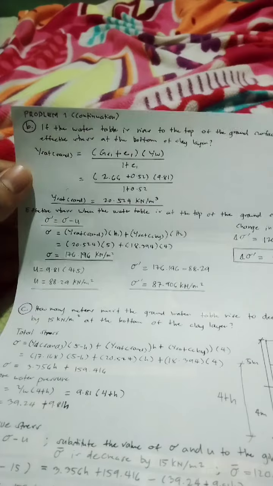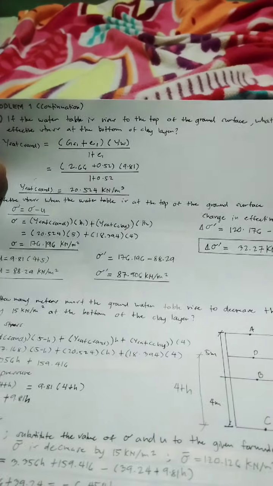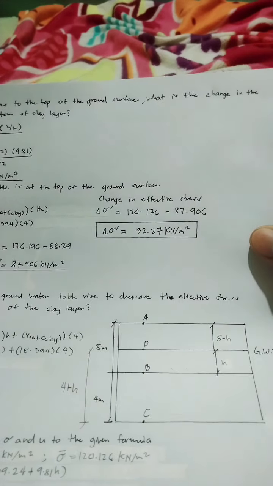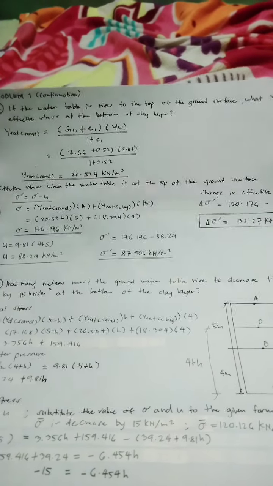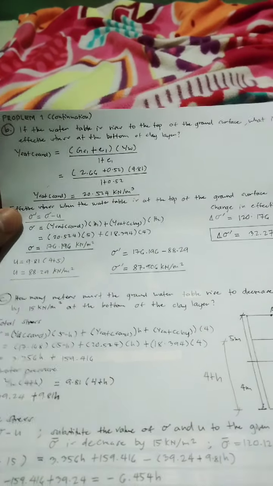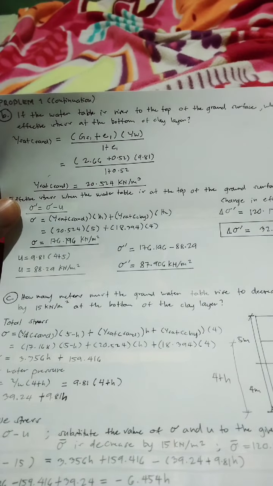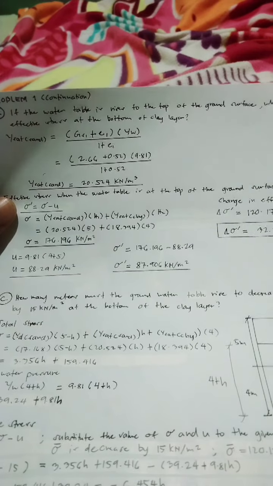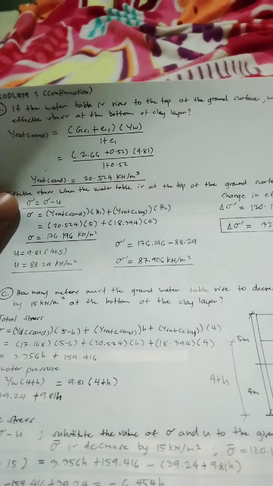So the question is, if the water table rises to the top of the ground surface, what is the change in the effective stress at the bottom of the clay layer? So now the water table is at point A, so the sand is also saturated.